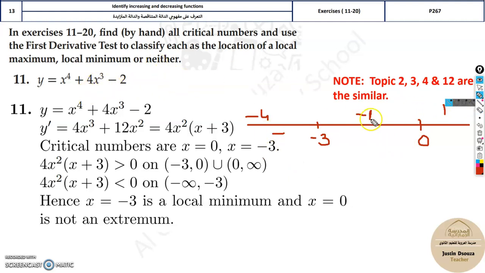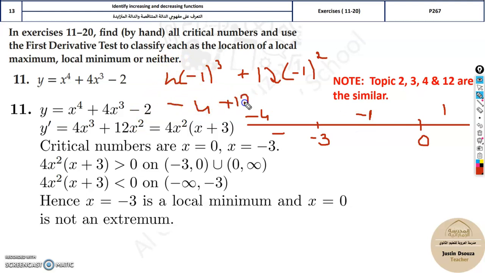Now, next one, take minus 1. Substitute over here: 4 times minus 1 the whole cube, plus 12 times minus 1 the whole square. Always in the f dash or y dash, the derived function, you need to substitute the test values. And now over here it'll be minus 4 and over here it'll be plus 12.